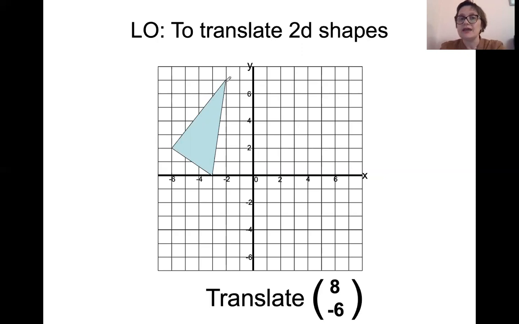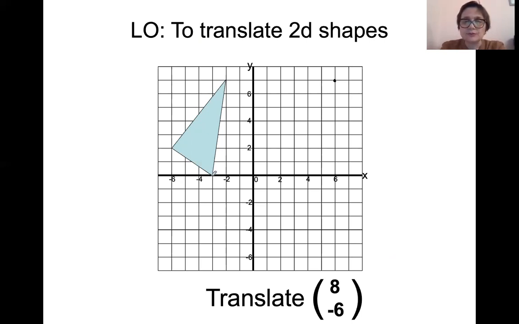We said 8 units to the right. Let's count. So this is 1 unit, 2, 3, 4, 5, 6, 7, 8. So it is going to be right here, right? And then this one again is going to be 8. Every single vertex is going to move, appearing 8 units to the right.